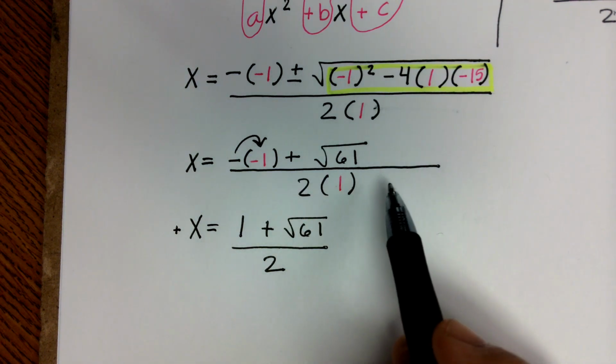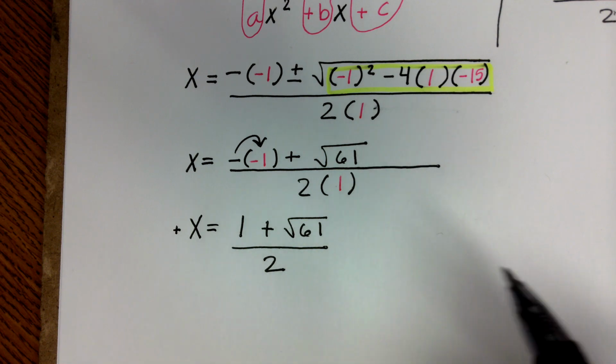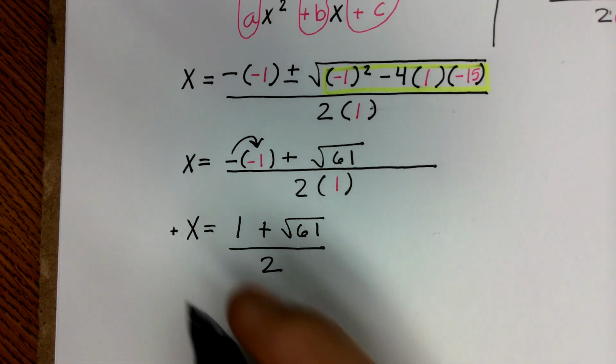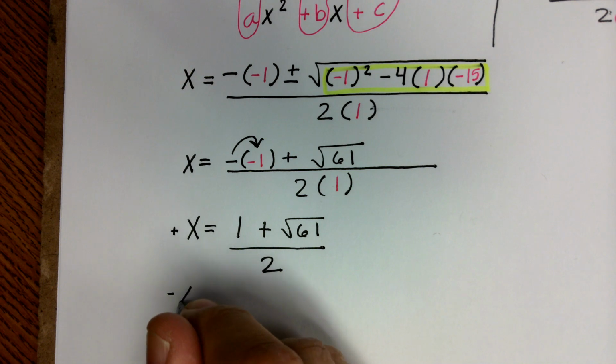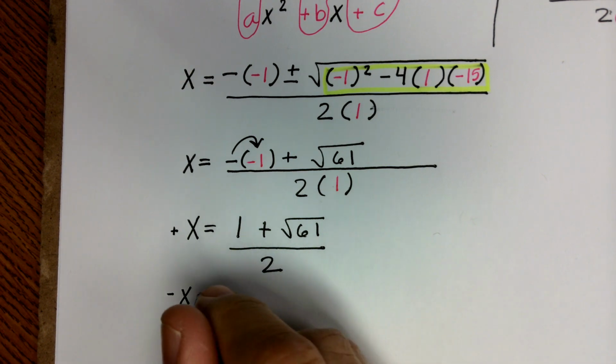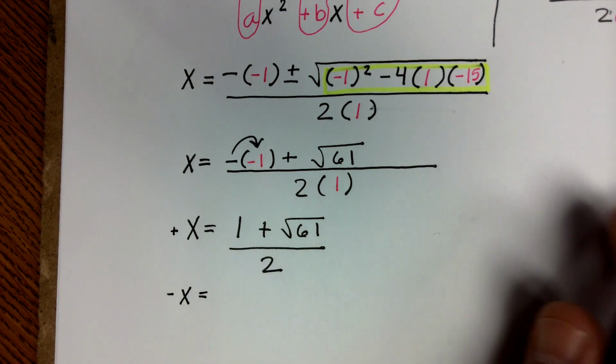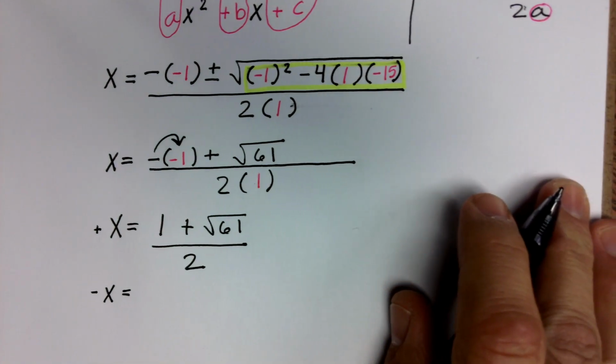Now if you were going to do the subtraction, it would be much the same. So I'm going to put a little minus sign before the x. That lets me know this is the one where we're going to be subtracting it. It would basically look exactly the same as this one.